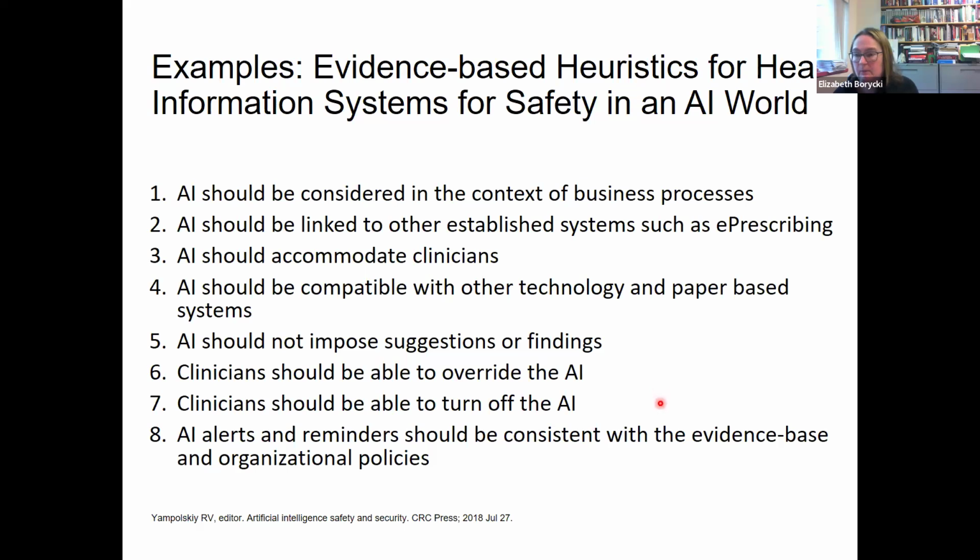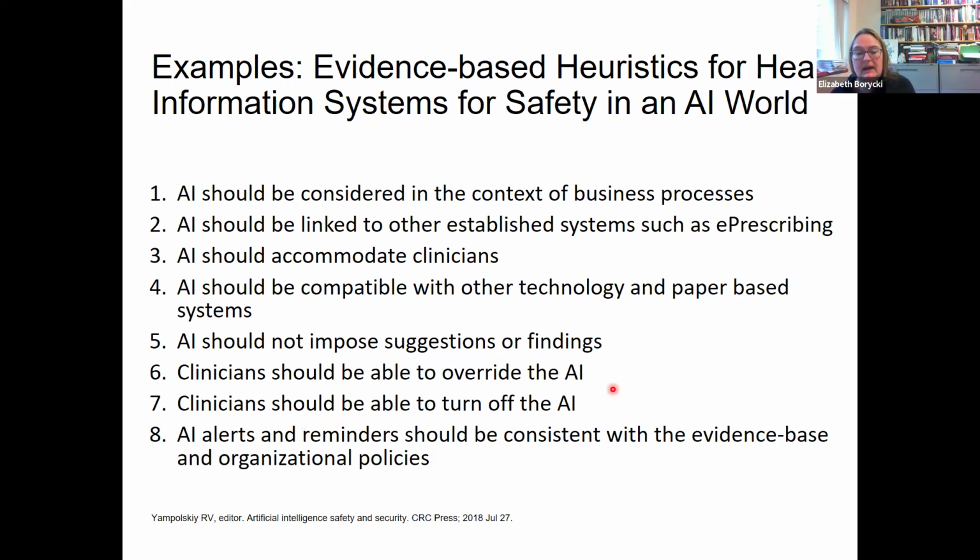Clinicians also need to be able to override the AI, just as they are able to override decision support systems, in cases where they feel the information provided is not sufficient, is incorrect, or doesn't meet the unique needs of that particular patient or situation. They also need to be able to turn off the technology if it's interfering with the care process. That's something important to consider.